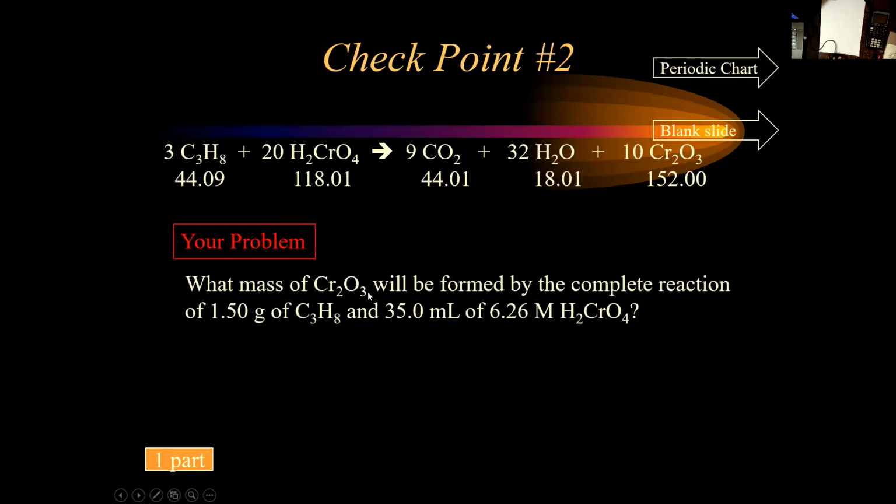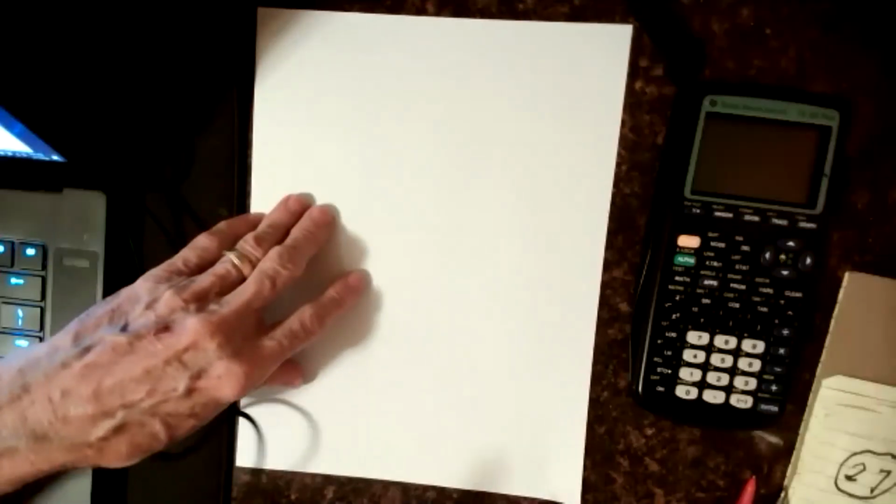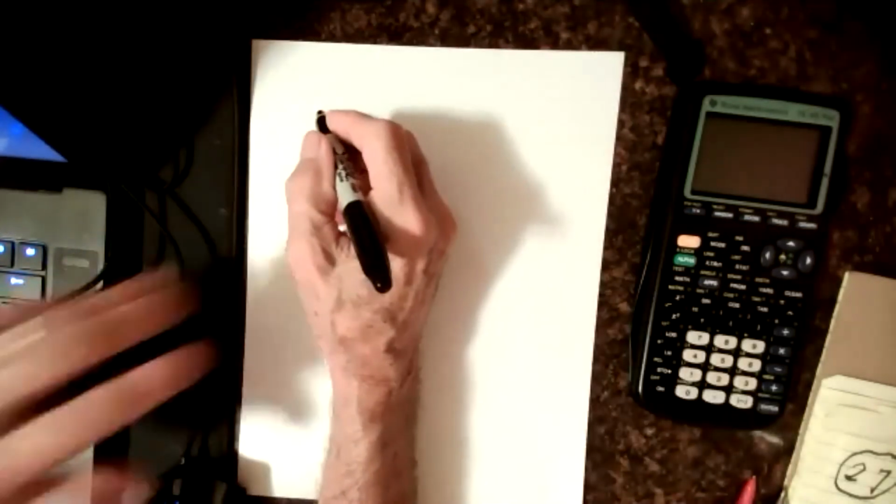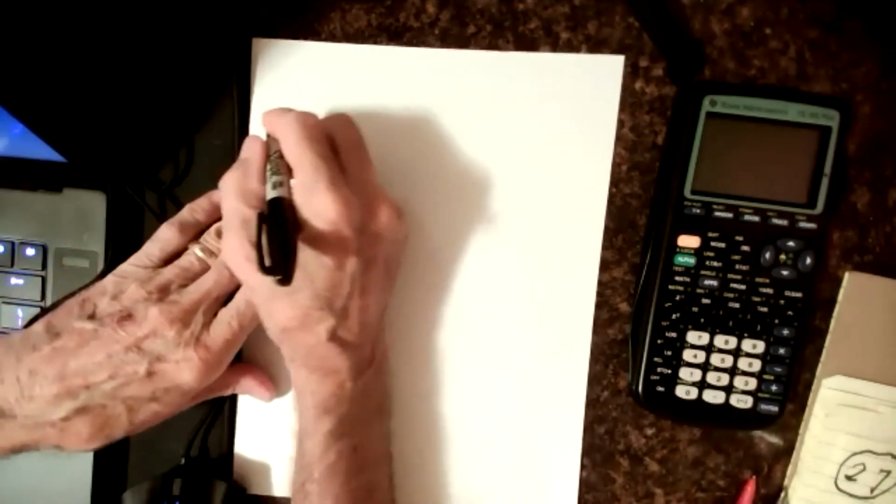Okay, here's another problem on this. What mass of this would form? Let's see. Yes, we need to work that one out. So let's go and do that. I need to fix it so I can see it. All right. So the reaction, well, I'll write it all out.